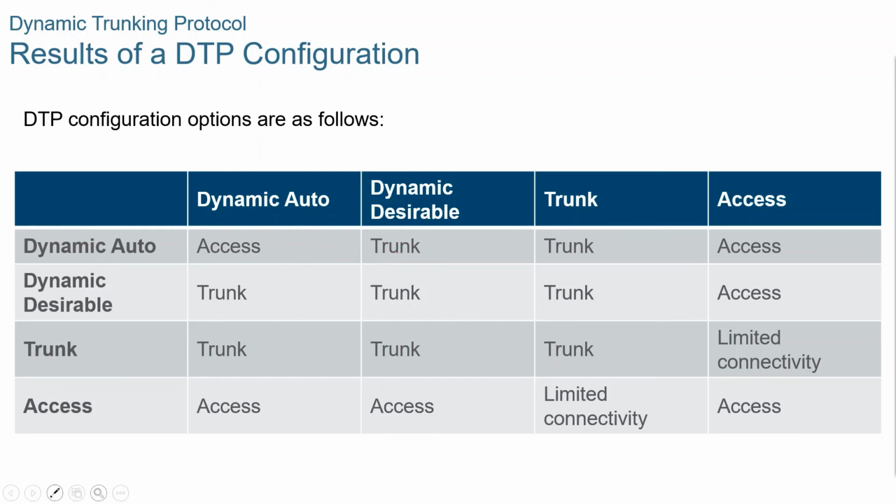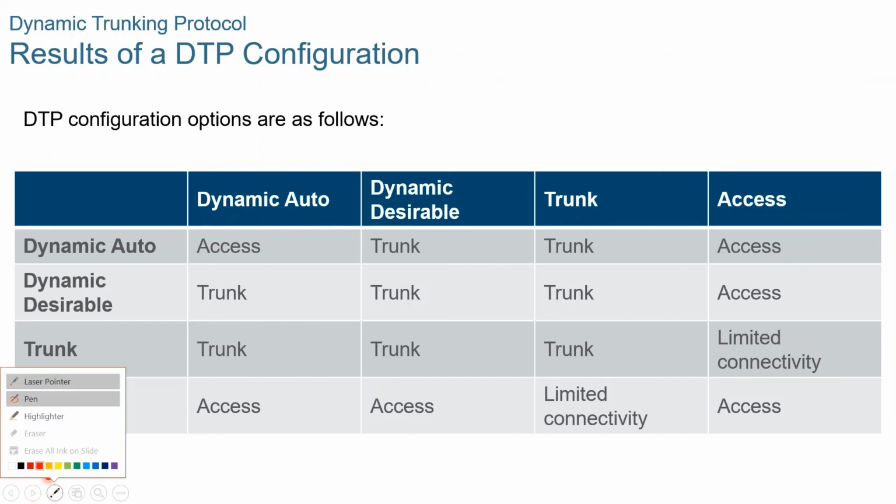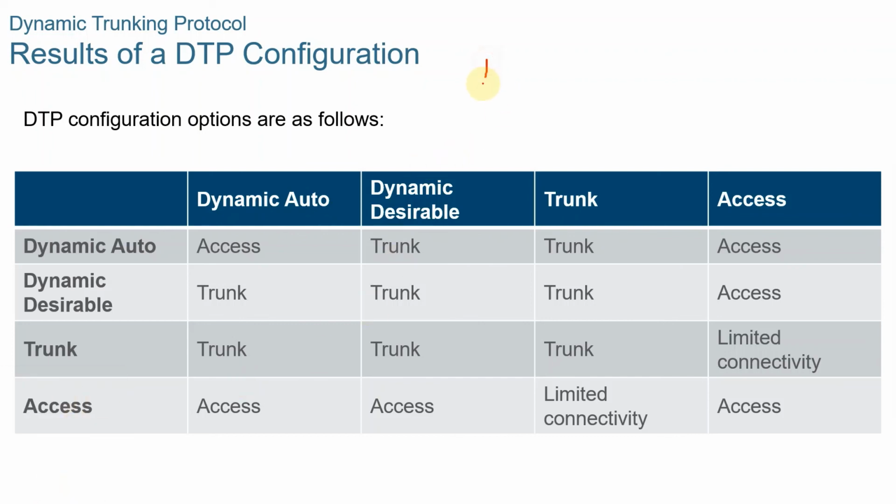So for instance, I have here a network. Something like I have switch 1 here, and let's say this is S1, this is connected to another switch here. For instance, this is S2.